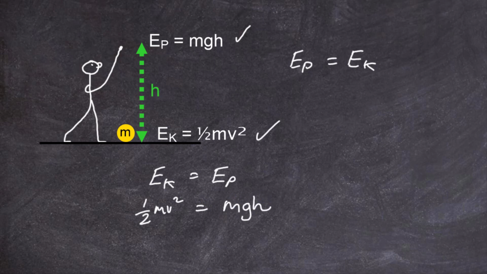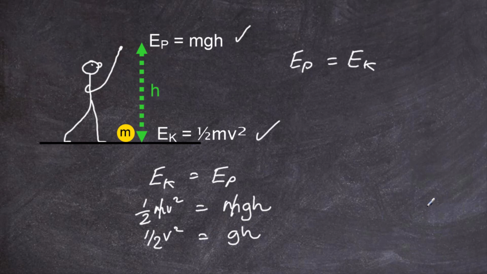Now that looks like a complicated expression, but it's not that hard. If you look at both sides of it, you can see mass appears on both sides. So I can rub out the mass on both sides, they cancel out. And I'm left with a very strange looking equation: 1/2 v squared is going to equal gh.